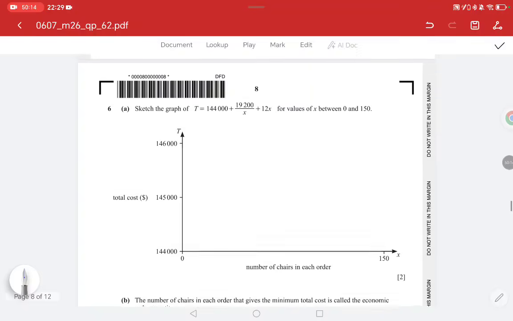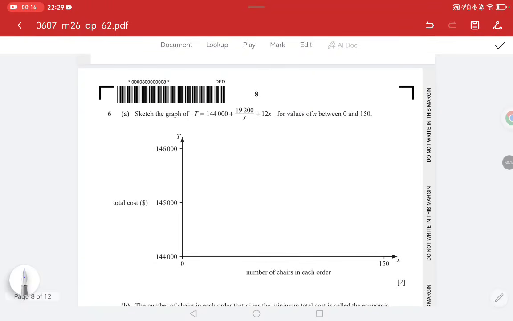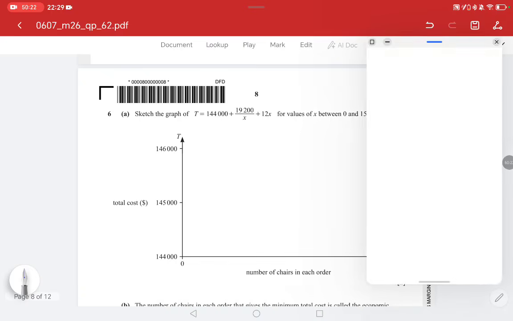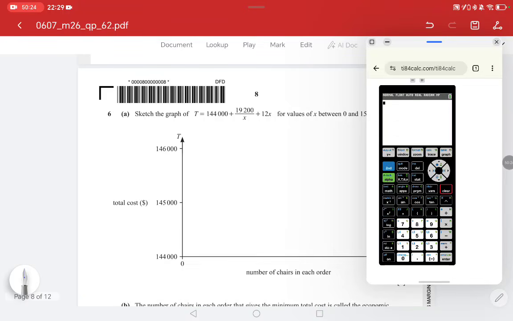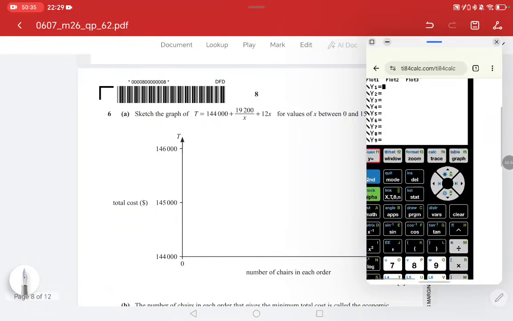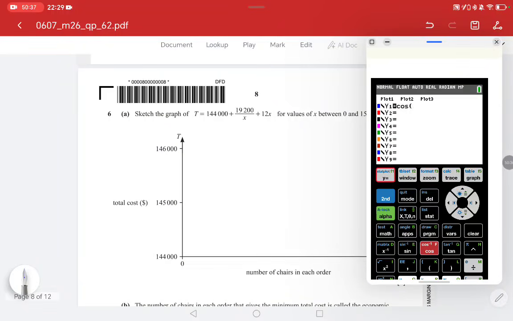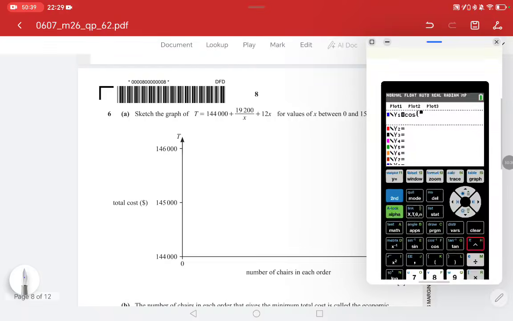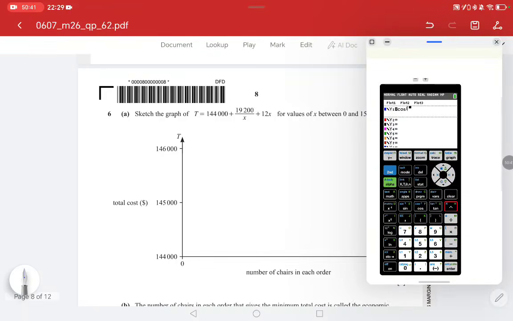Now, question 6. In every paper 6, you have to draw the final formula. So here, just to save time, I wrote the formula. You enter the formula in Y. Oh, I have to write it again. Okay, no problem. So you have to write the formula.